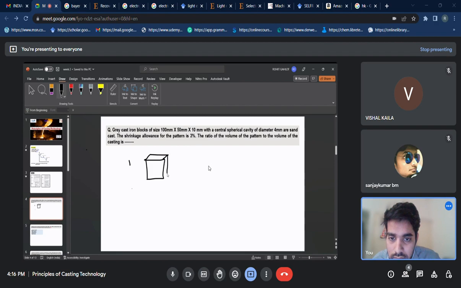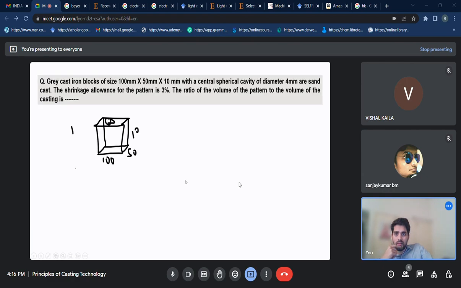So firstly, we can say there is a grey cast iron block. This is 100 mm, this is 50 mm, and then there is 10 mm, with a central spherical cavity.